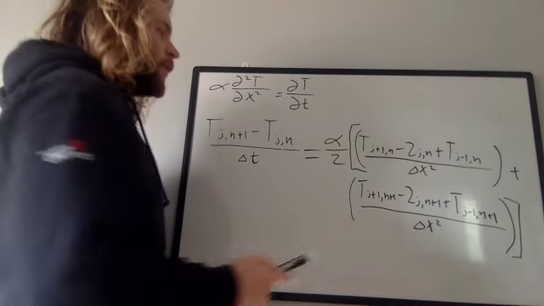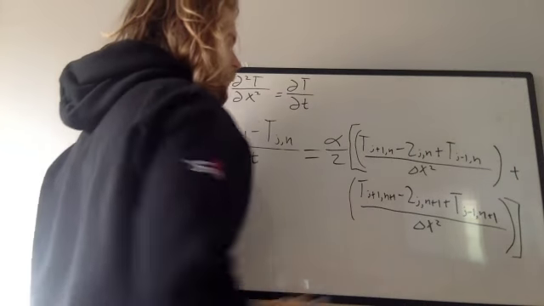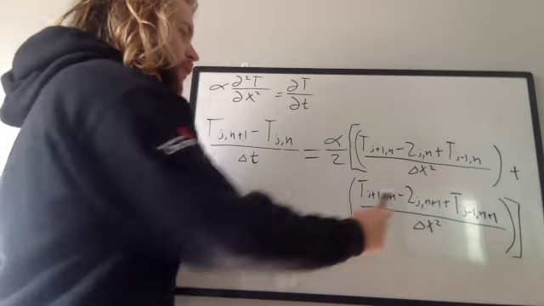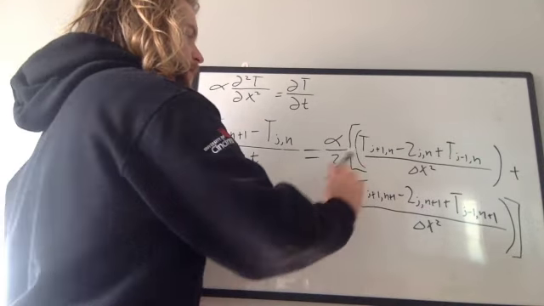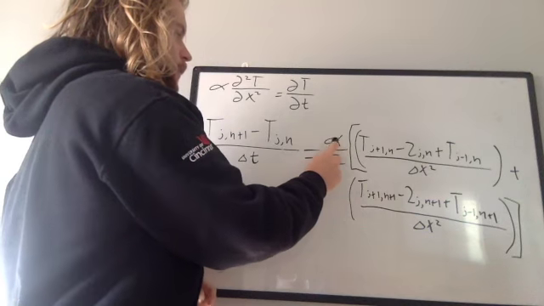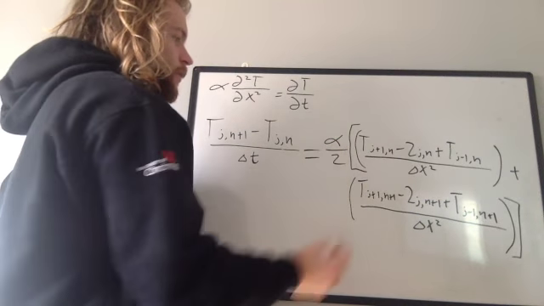It's important to note that this is not one big division fraction over here. This is supposed to be over here, but we ran out of room, so I just wrote it under. So do note that this is not a big fraction right here. This is this term being added to this term, and then over here you have your thermal diffusivity over 2 being multiplied by all of that, all right?